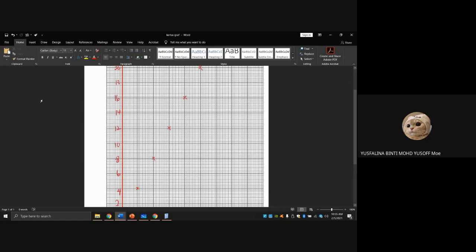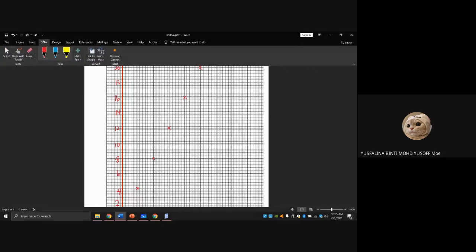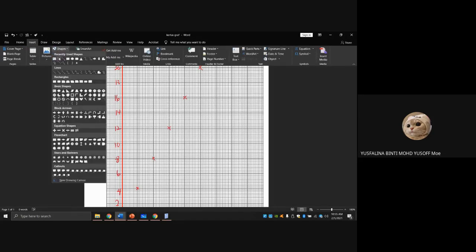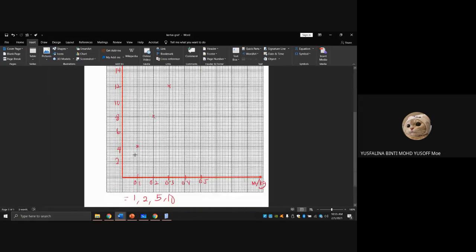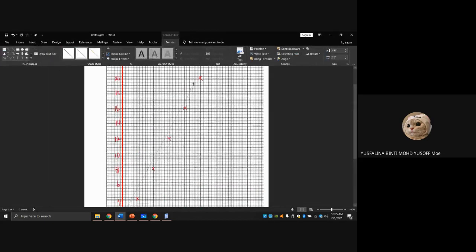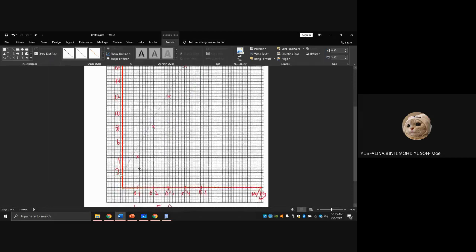So you underline it. Teacher will underline it. Suppose you can pass through all the points, right?